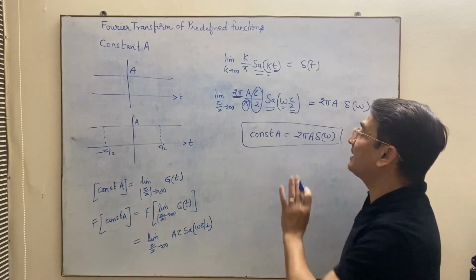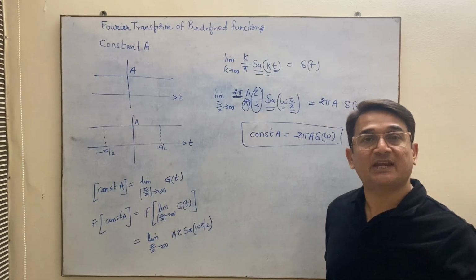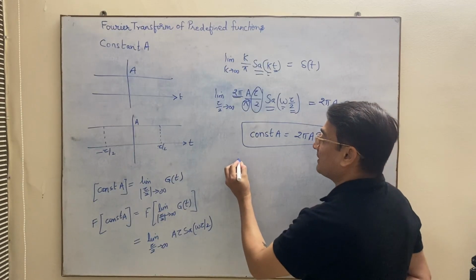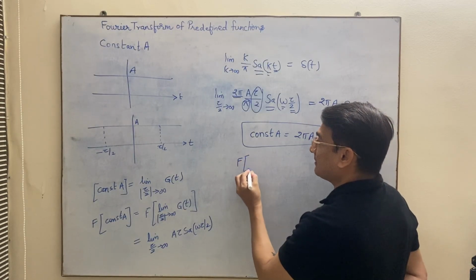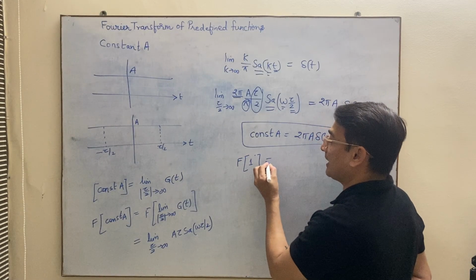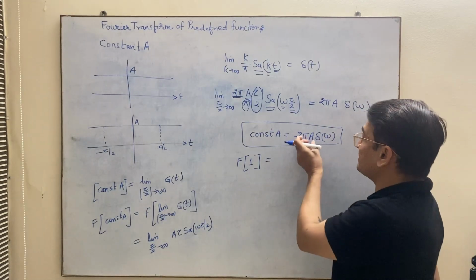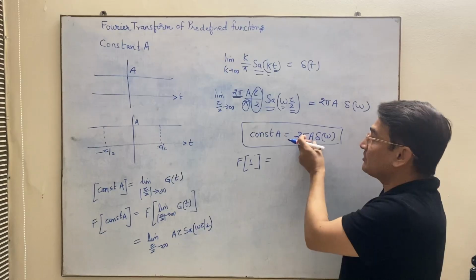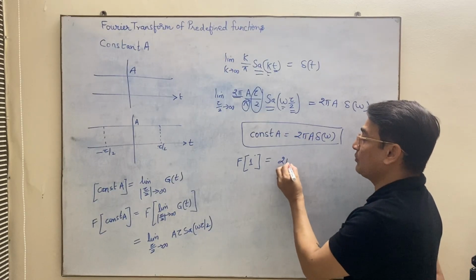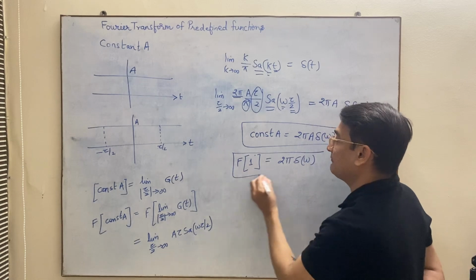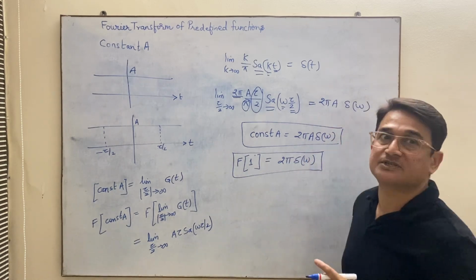So this way you can calculate the Fourier transform of any number or any constant value. If I say calculate the Fourier transform of 1, that means constant value 1, just put 1 in place of a. So it will become 2 pi delta omega. This will be the Fourier transform of any constant number.